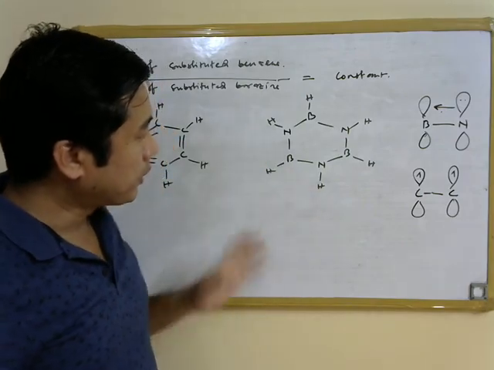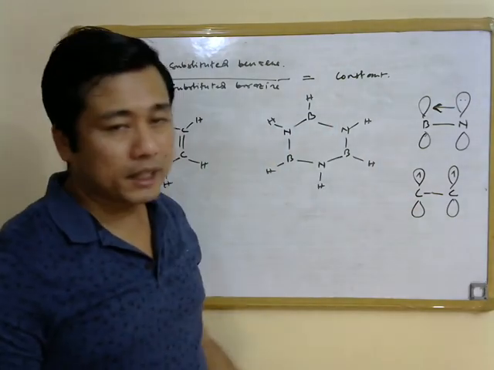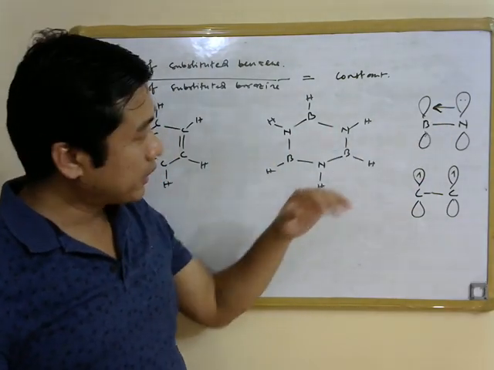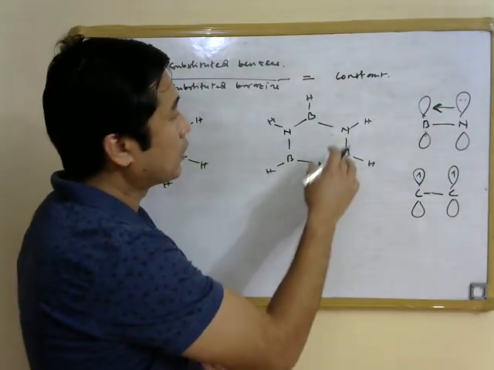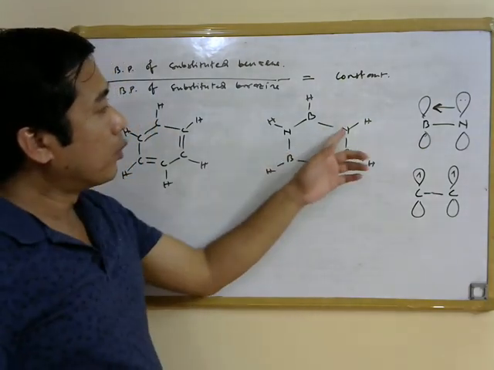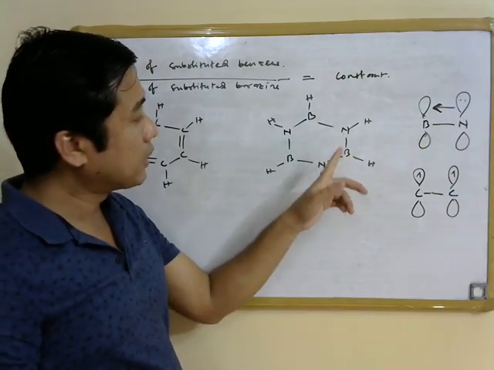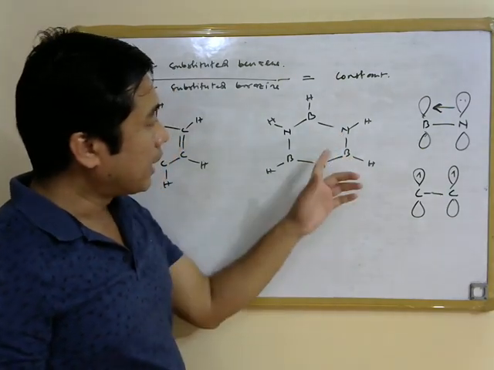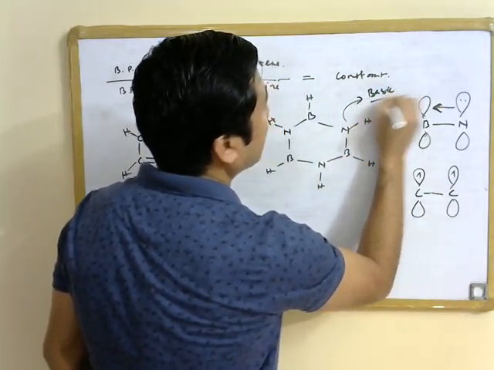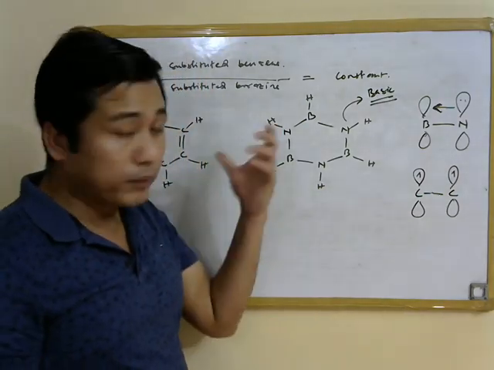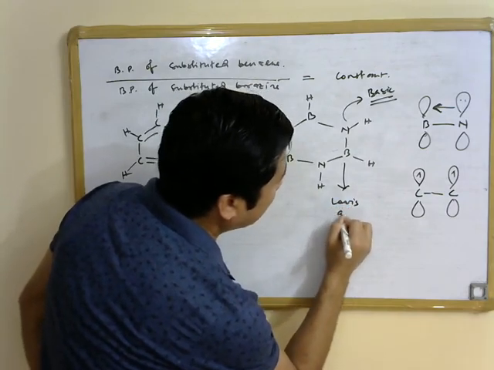Because of this, the ability of nitrogen atom to donate electrons, or the amount of electrons that is donated from the nitrogen atom to the boron center, is less, and that is why this lone pair of electrons is more localized on the nitrogen atom than on the boron center here, and the nitrogen atoms in case of Borazine have basic character, that is, they are Lewis basic in nature, while the boron centers are Lewis acidic in nature.